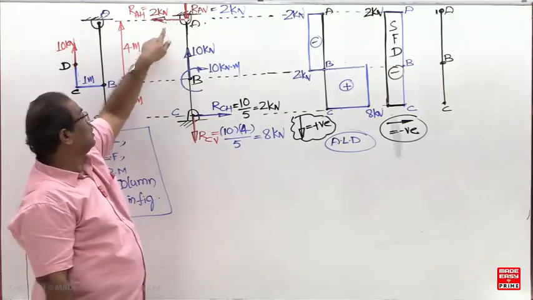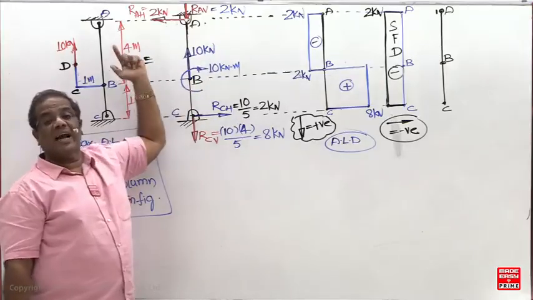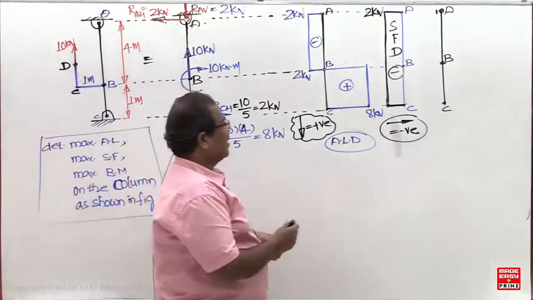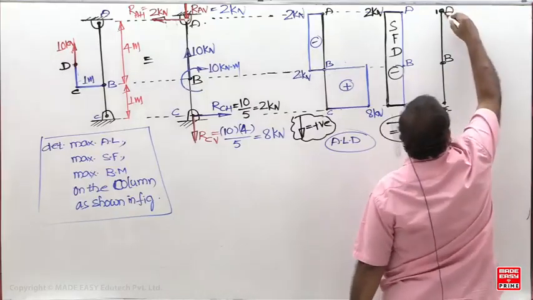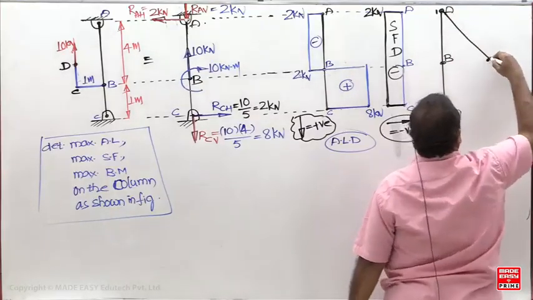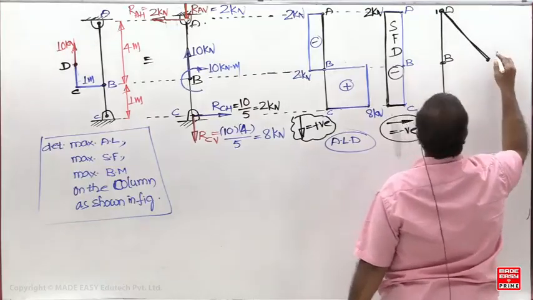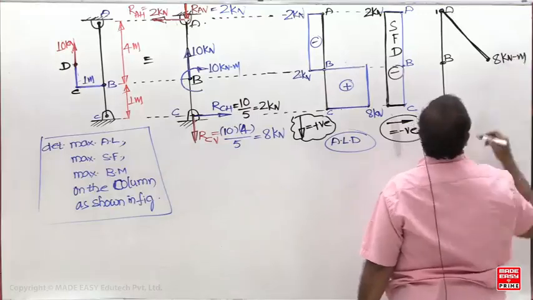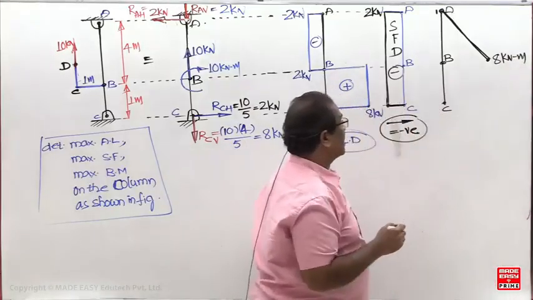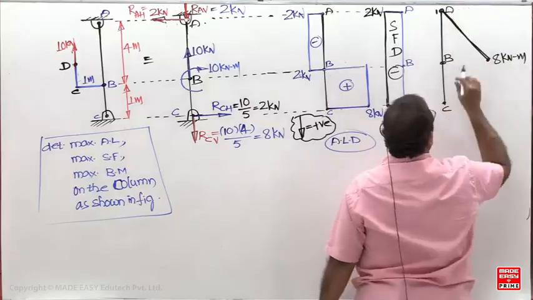Above, one moment now, 2 into 4. But this is going on which side now? Left side. Left side contraction is positive. So the value is positive, eight. So you have taken anti-clockwise as positive.